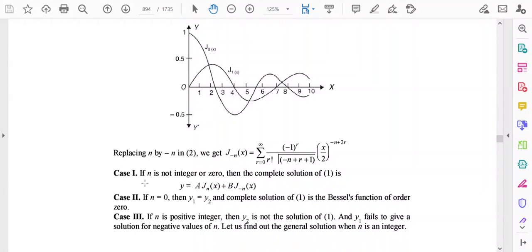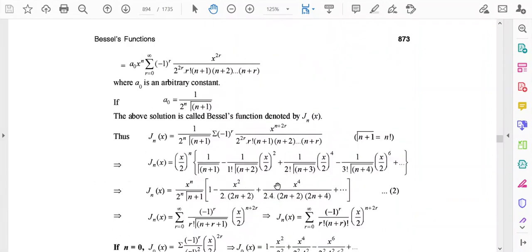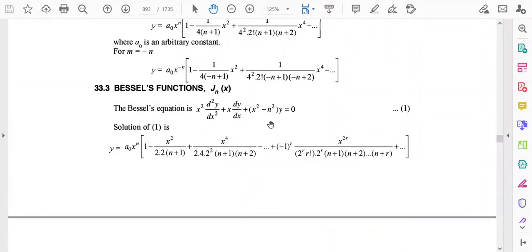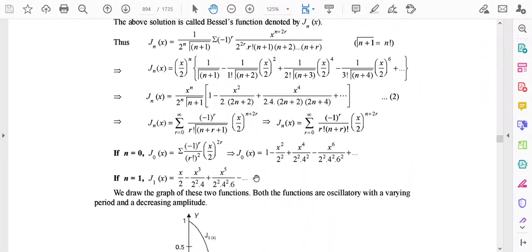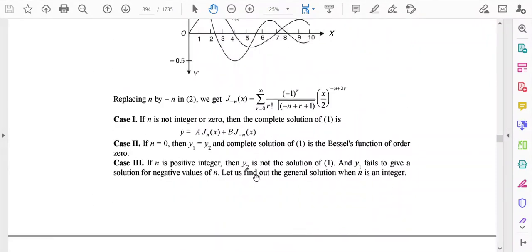Case 1: if n is not an integer or 0, that means it is actually a fraction, then the complete solution of equation 1, Bessel's equation, is a into Jn(x) plus b into J minus n(x), where a and b are constants.